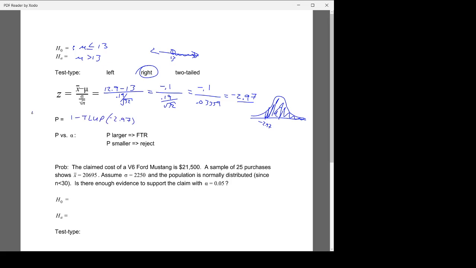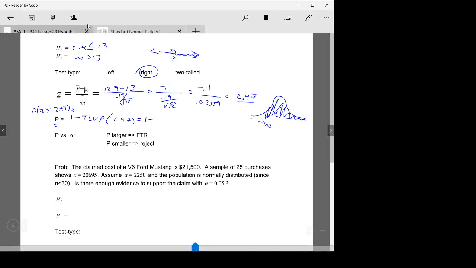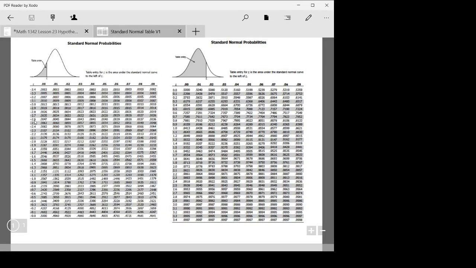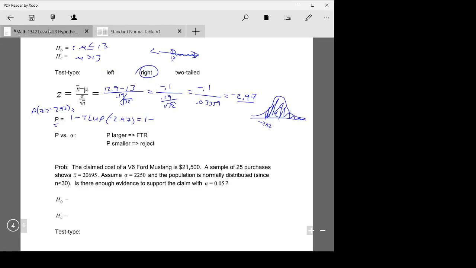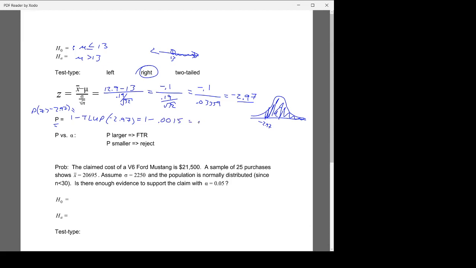In other words, we're interested in the probability that z is greater than minus 2.97. That's our p. So 1 minus the table lookup of minus 2.97, which is 0.0015, and so we end up with 0.9985.